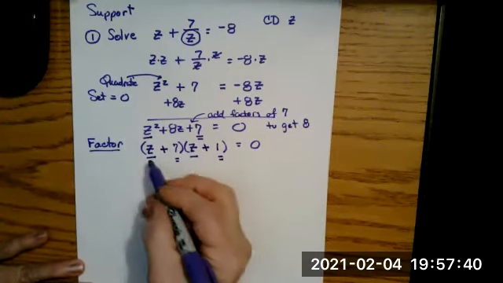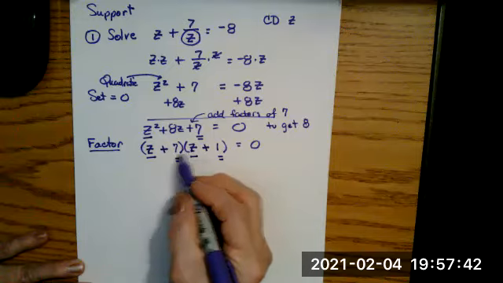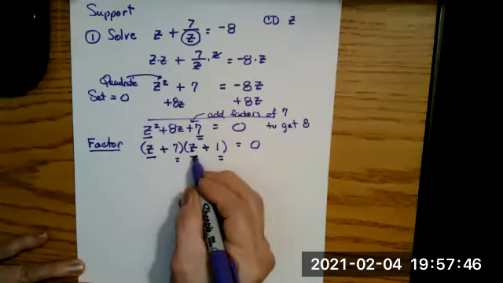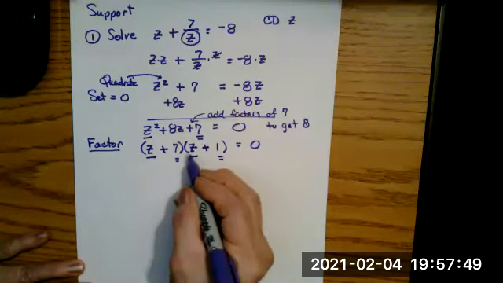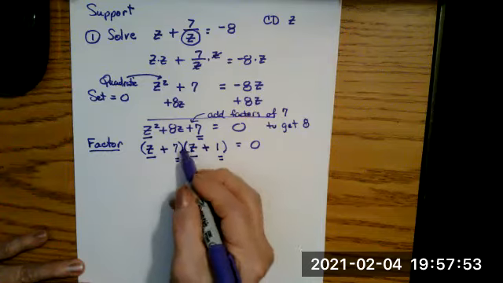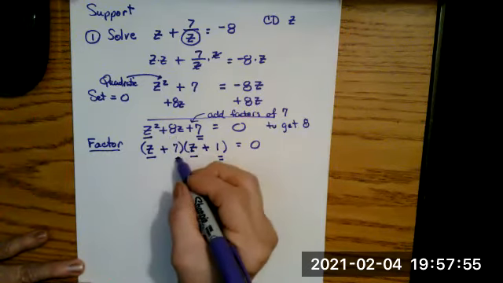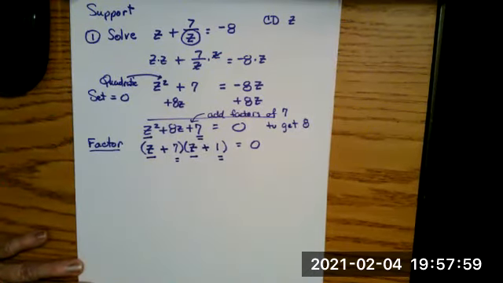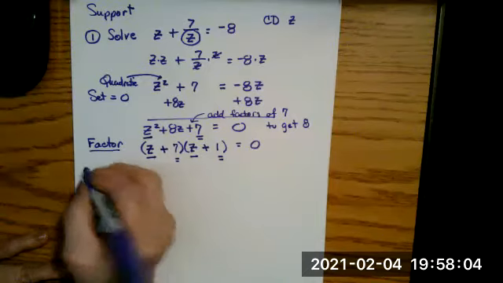And let's just check it. That would be z squared. Then outer would be 1z. Inner would be 7z. 1z and 7z would be my 8z in the middle. The outer and inner terms is what gives you your middle term. Then the last is 7 and 1. And of course, that's 7. So I know I've factored it correctly when I checked it.